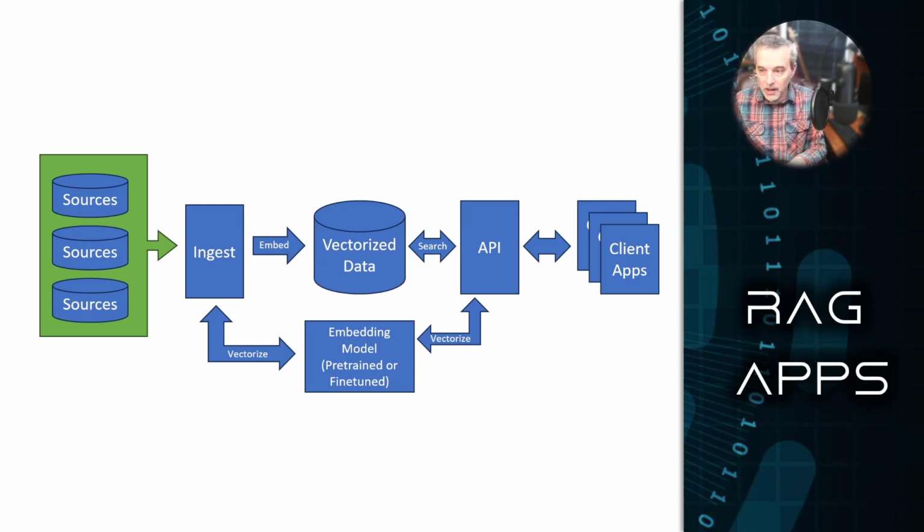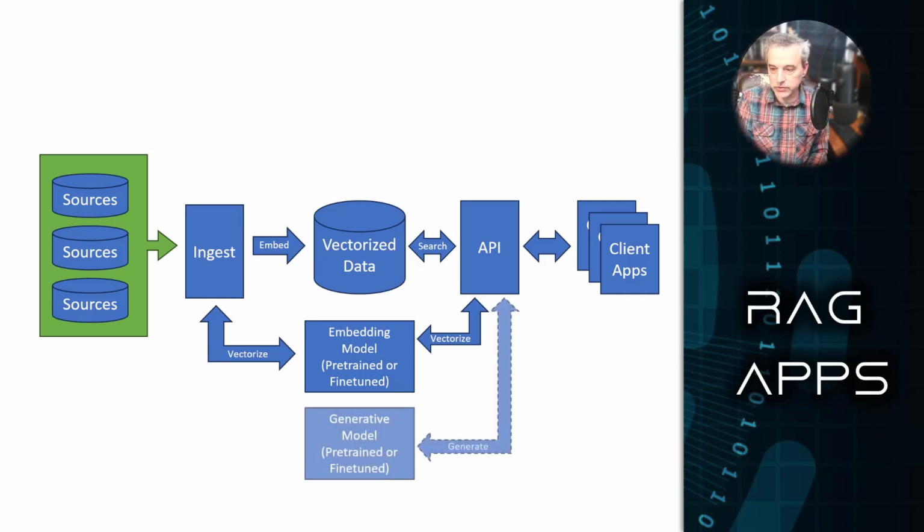That's where it uses the metadata we also stored, either to retrieve the original data or to just use whatever was stored in the vector database. It passes that off to some kind of generative model, providing it with the original context and the query.